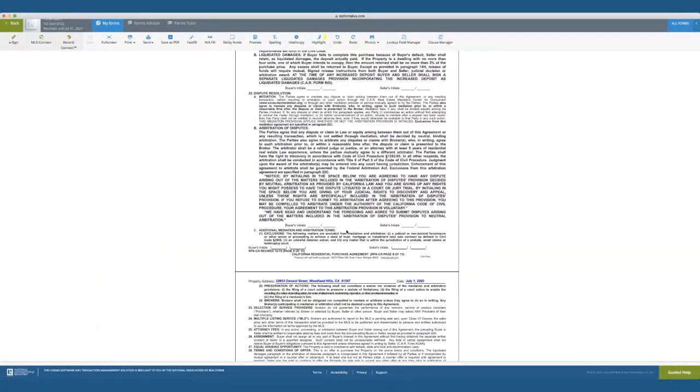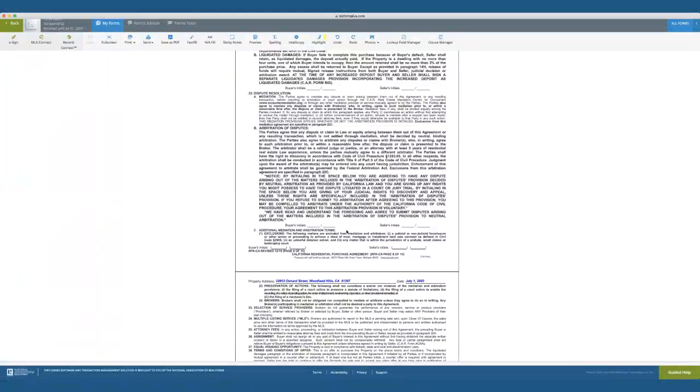What that means is they sit down with a neutral third party, most likely a retired judge or real estate attorney, the dispute is heard, and that person comes out with a decision, and that decision is final. You can't appeal it, and that's that. So if both parties agree to arbitration, then arbitration is in effect.